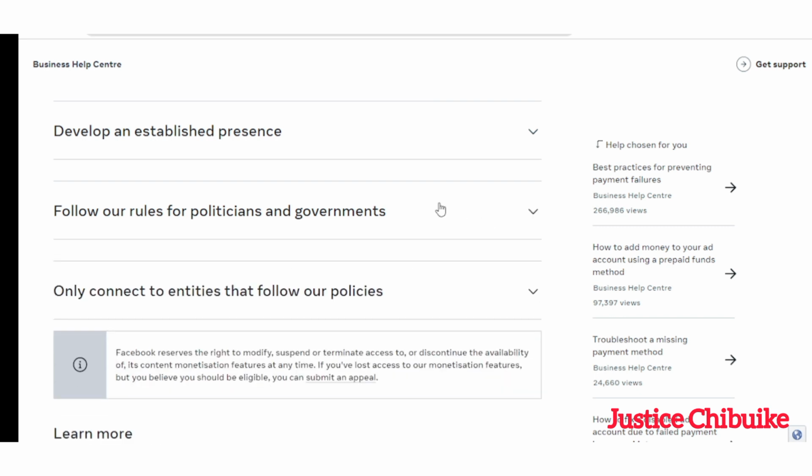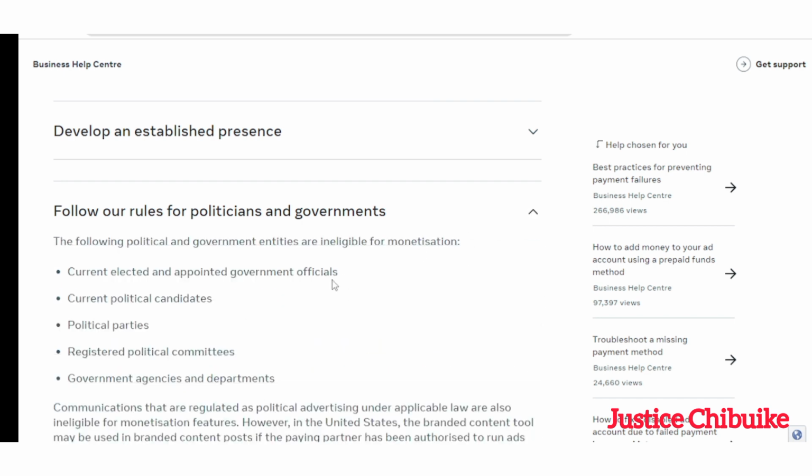Facebook has made it clear that these people listed, people that fall under this category, cannot be monetized on Facebook because Facebook doesn't promote political issues. So they have made sure to exclude this group of people from monetizing.